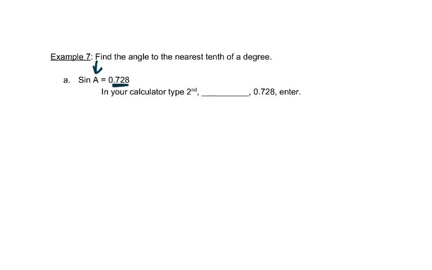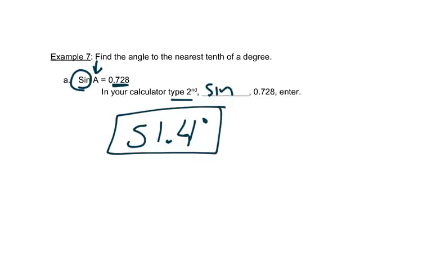I know what it's equal to, but I want to know what the angle measurement is. So I type second and then sine, because that's my trig function, and then 0.782, and then hit enter, and I get 51.4. The next number is a 4, so that 4 stays a 4. And it's degrees, so I need to label it degrees.